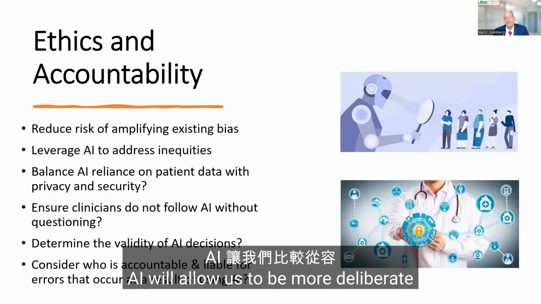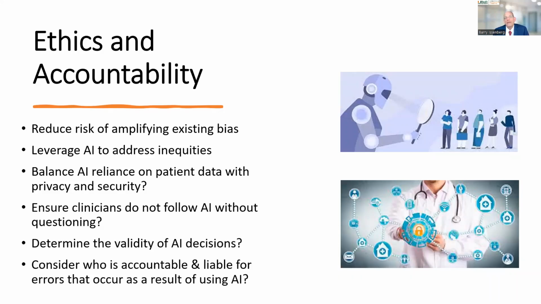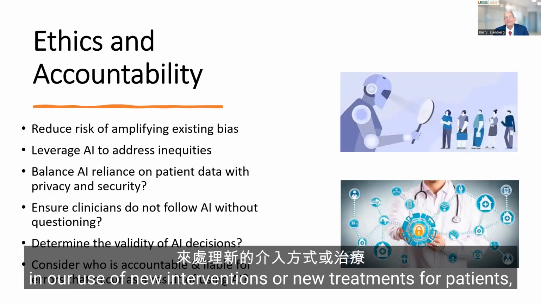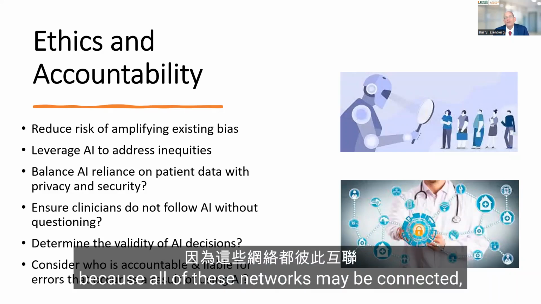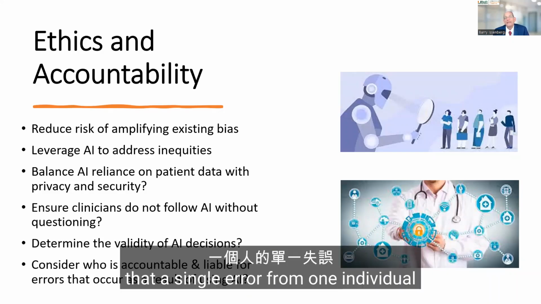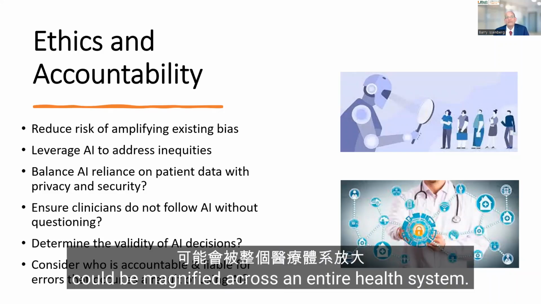AI will allow us to be more deliberate in our use of new interventions, our new treatments for patients, but they also pose the risk, because all of these networks may be connected, that a single error from one individual could be magnified across an entire health system.